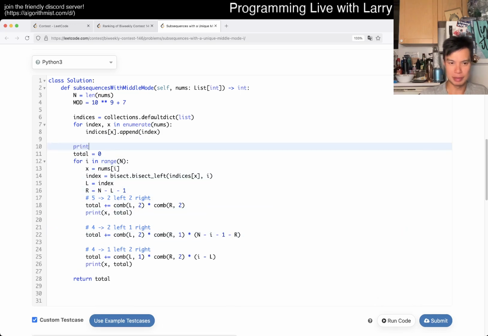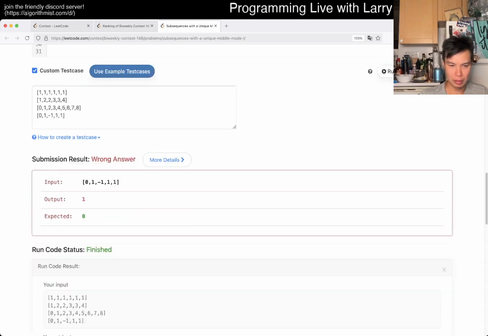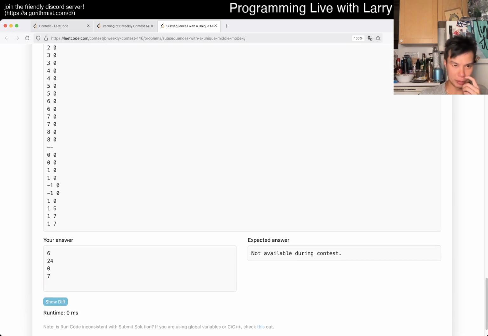Okay, let's debug this while we can before we do the other ones. I thought it was case enumeration, but yeah.